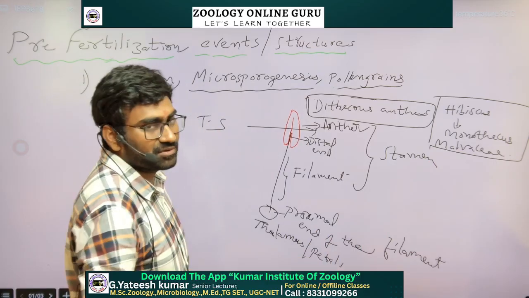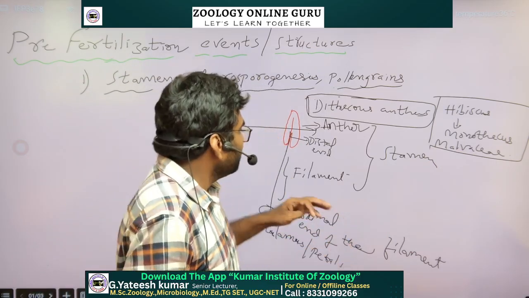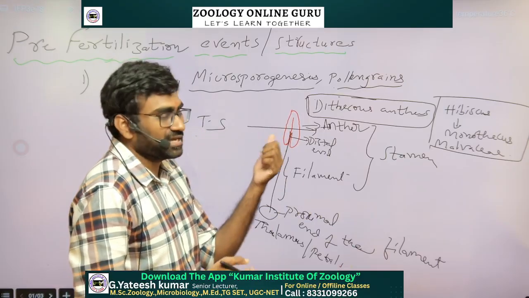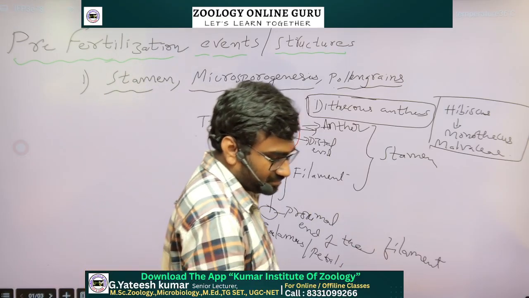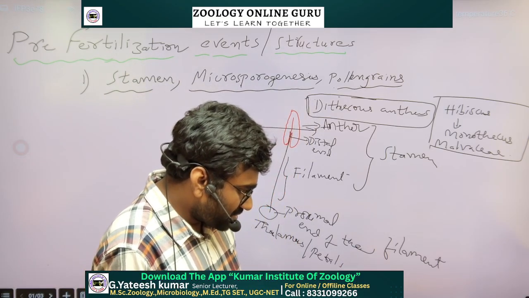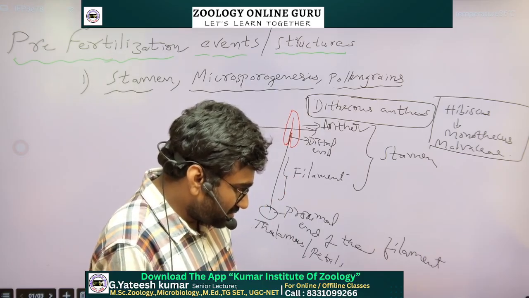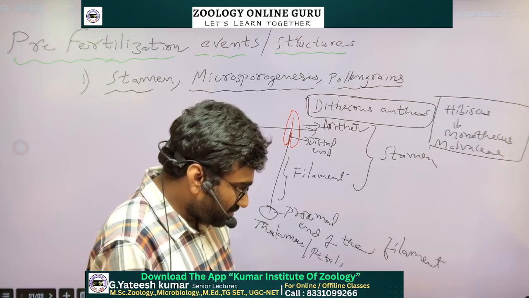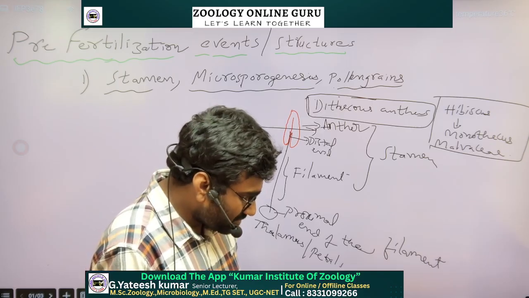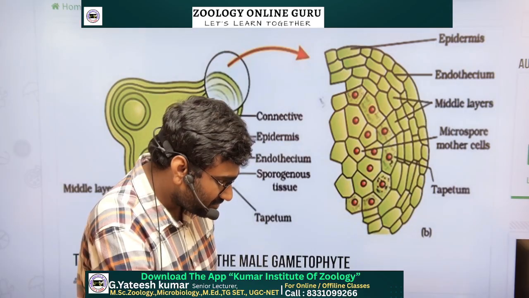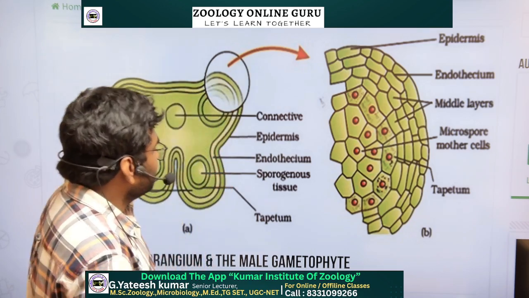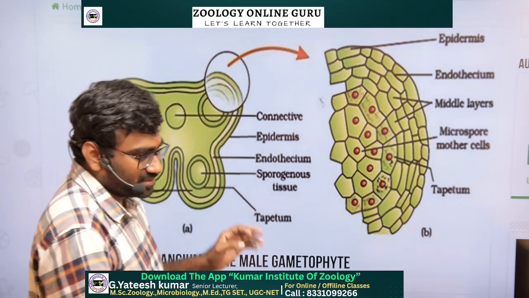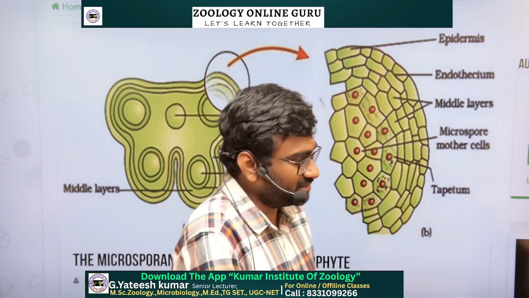Now let us discuss the microsporangium wall layers of this transverse section of anther. So this is the structure of microsporangium, and it is a transverse section of anther.